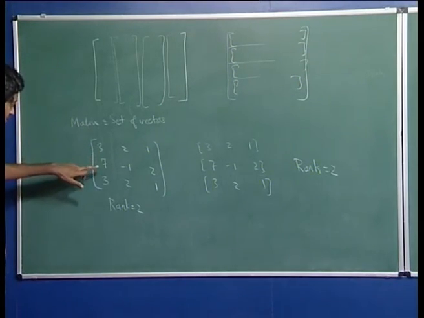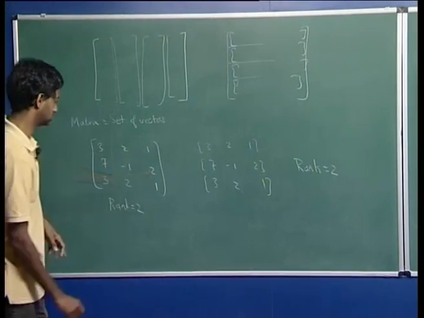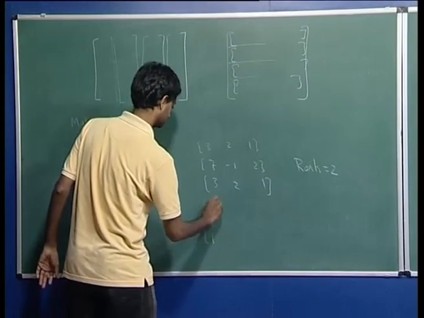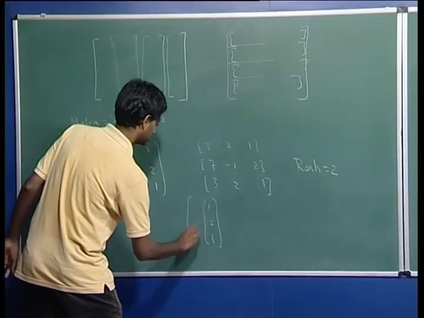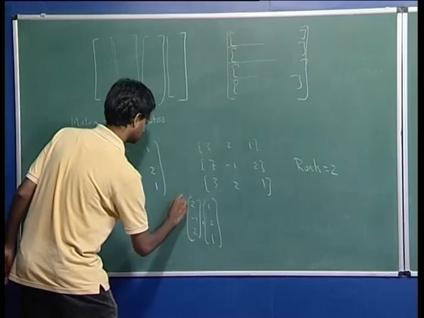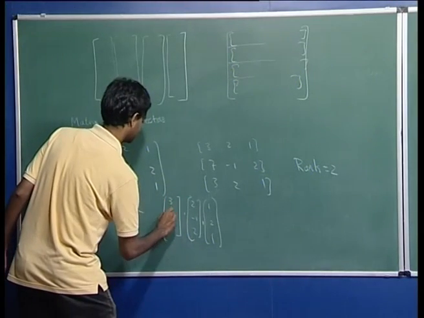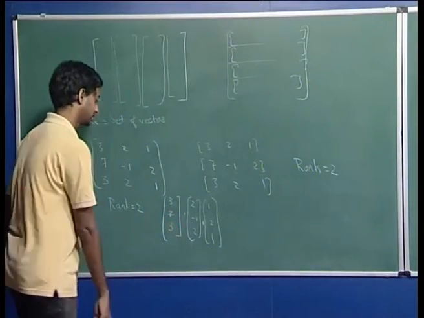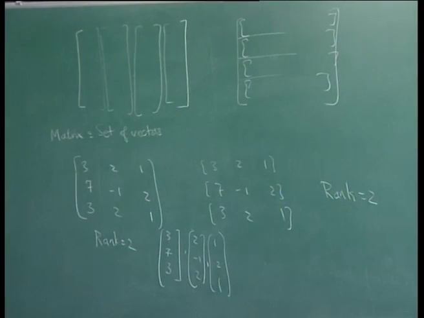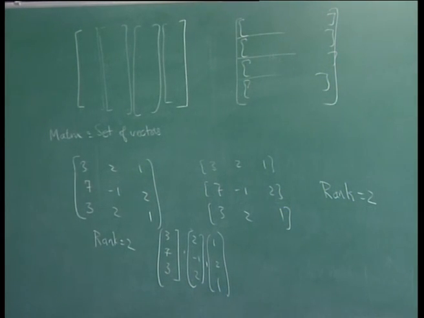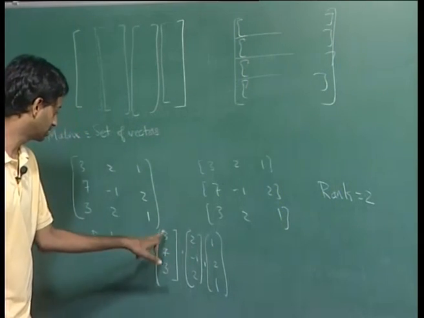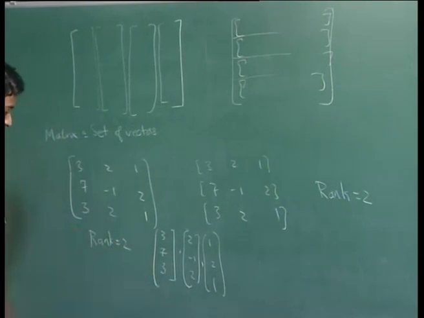So, you take 1, 2, 1, you have 2, -1, 2, and 3, 7, 3, and it shouldn't be hard to show that these 3 are actually linearly dependent. You should be able to construct linear combinations of these. You should be able to express one as a linear combination of the others.